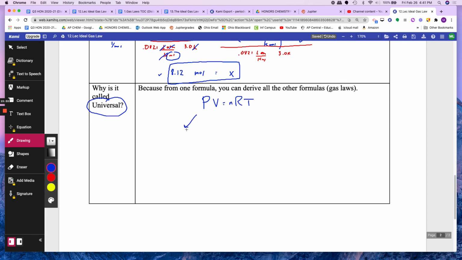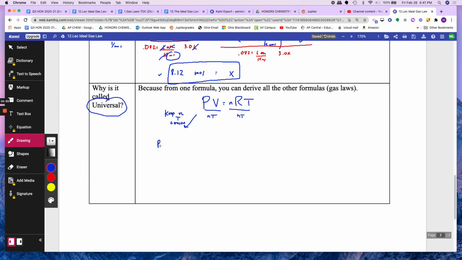If you keep moles constant and temperature constant, if you keep these two constant, okay, this is what happens. What I'm going to do first is solve for R, okay? So divide by nT on both sides.